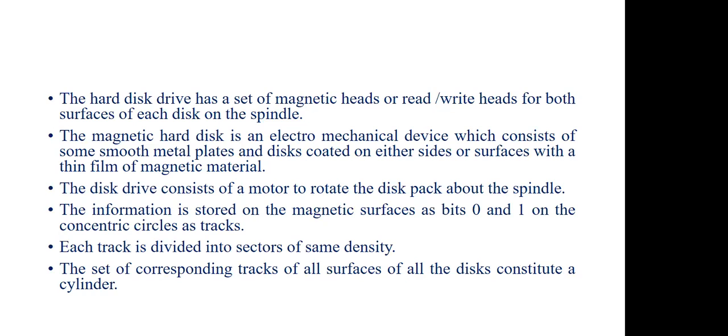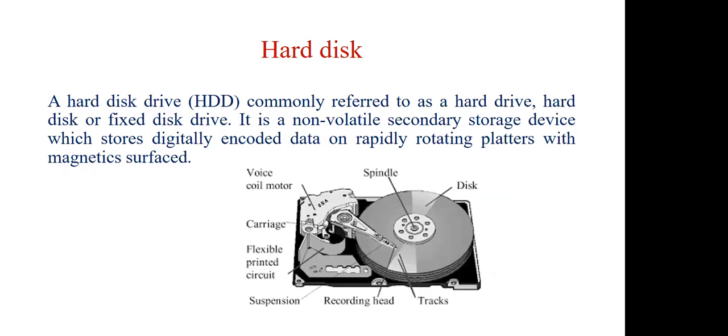The magnetic hard disk is an electromechanical device which consists of smooth metal plates and discs coated on either side with a thin film of magnetic material, as I already discussed. The disc drive consists of a motor that rotates the disc pack about the spindle, because this is your spindle.